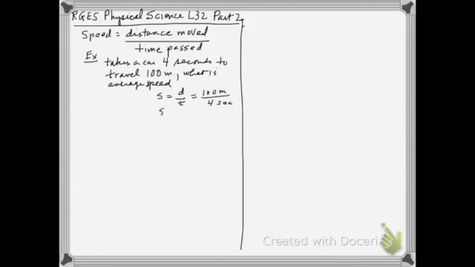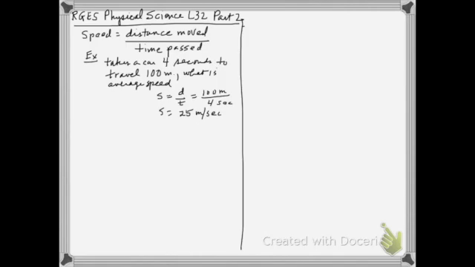So the speed would be, you do the division, 25 meters per second. There's the speed of that car. That's the average speed as it travels a certain distance over a certain time.